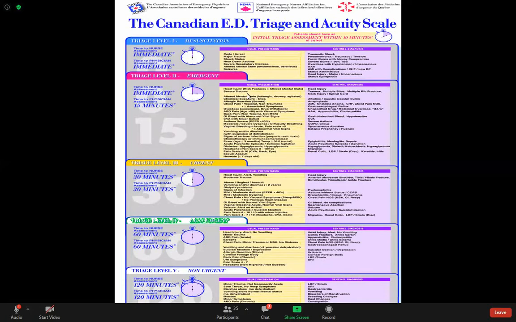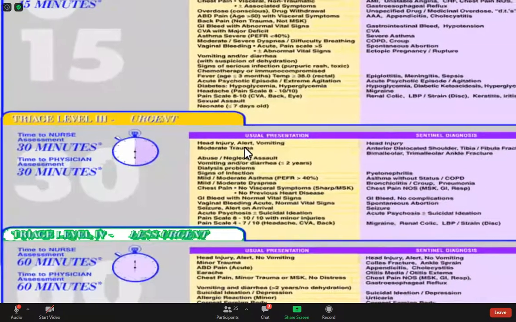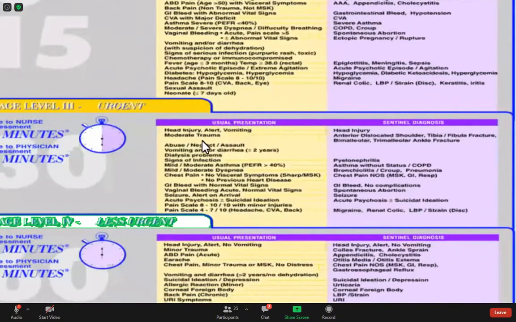Level 2 examples: head injury, severe asthma, overdose, vomiting and diarrhea with suspicion of dehydration. Level 3: head injury, alert and vomiting, moderate trauma, GI bleed with normal vital signs, vaginal bleed with normal vital signs.